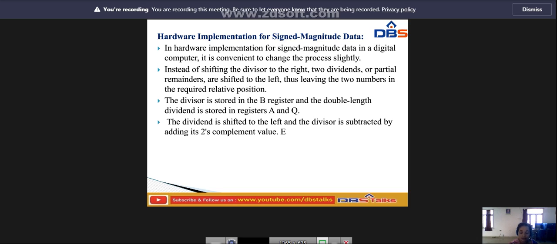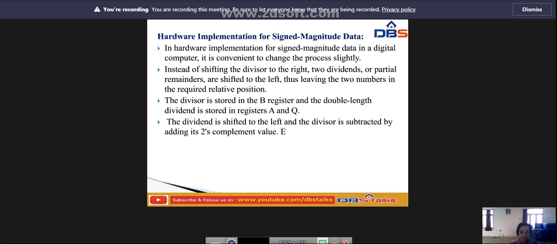Since we are implementing through hardware, it is convenient to change the process slightly.